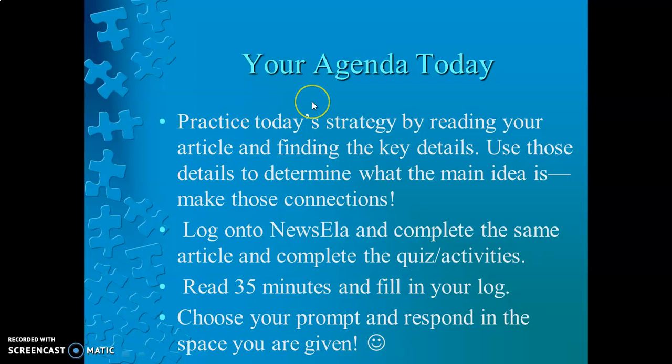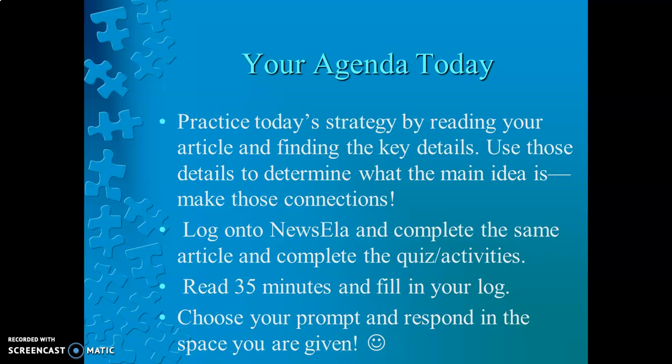So what you're going to do today to practice today's strategy is you're going to read your article and practice finding the key details. So the article you're reading is called TV Series Reveals Careers in Science, Technology, Engineering, Math for Women. Now, we've been using articles that have different subheadings and sections. My advice to you is use those.